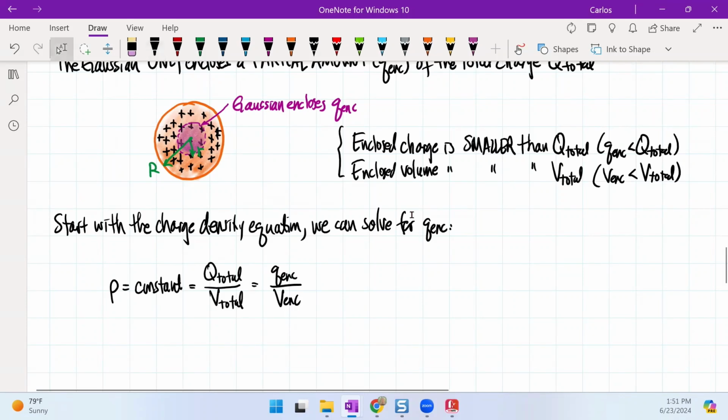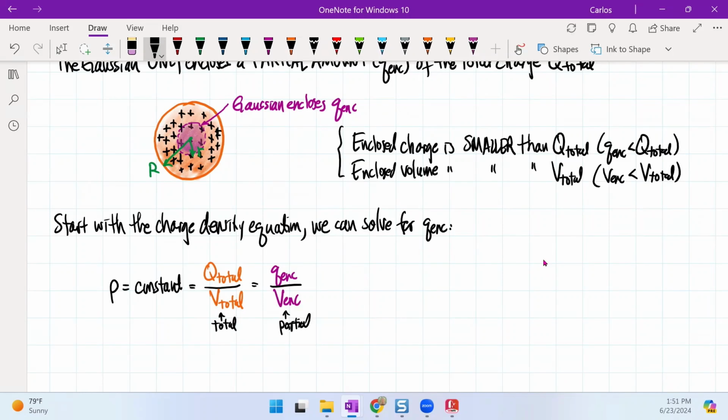But let's color code these. When I look at this one, that is associated with the full volume. And the purple ones are associated with the Gaussian. So this is the total, and this here is the partial. Of course it's smaller, but the charge density is the same.